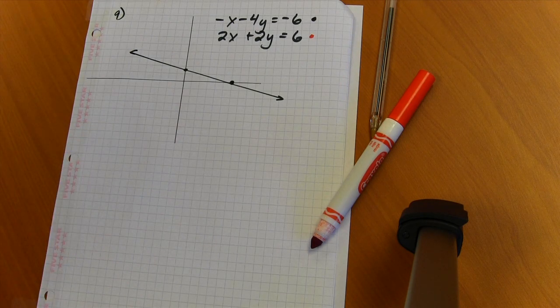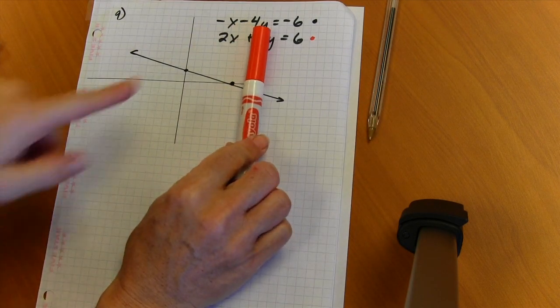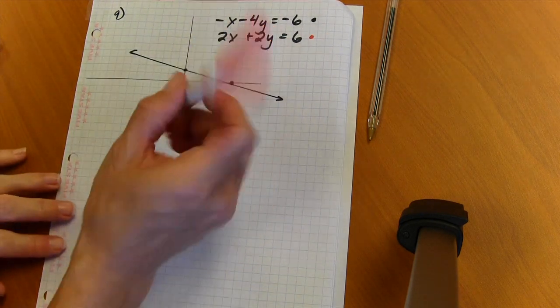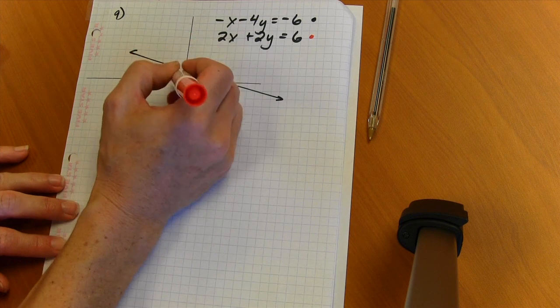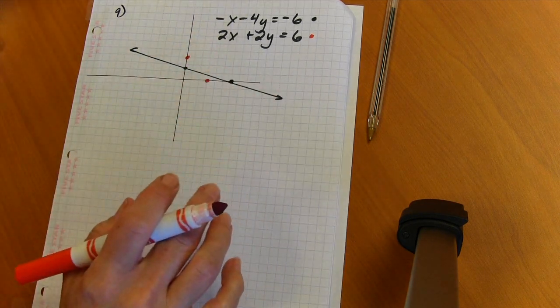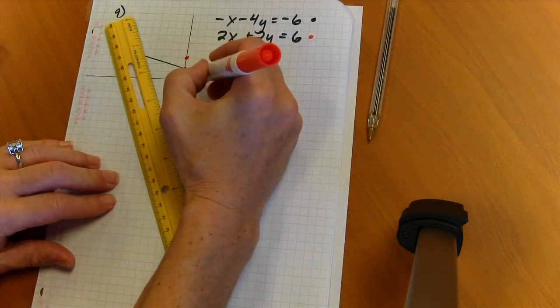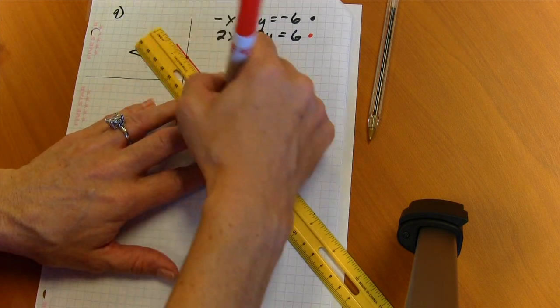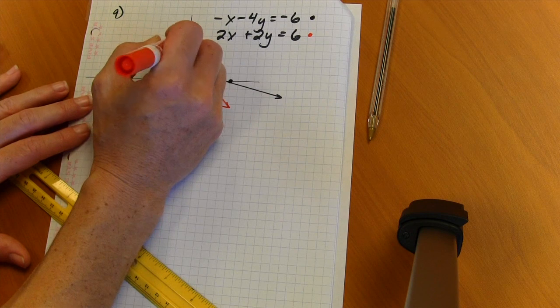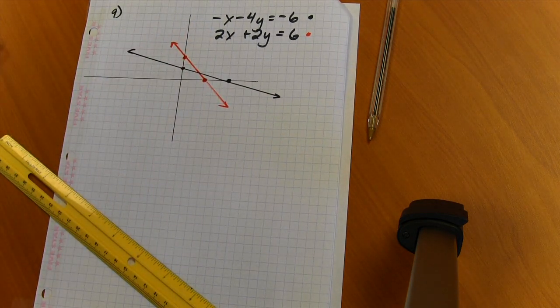The second equation, the x-intercept, is 3. Plot that. So is the y-intercept. 1, 2, 3. Draw your line. And again, we are looking for the intersection point. And the lines should intersect.